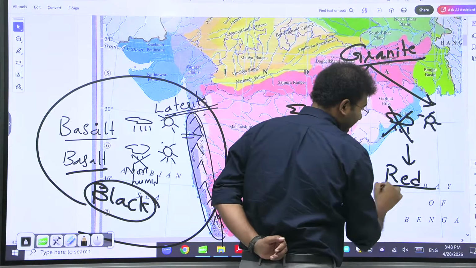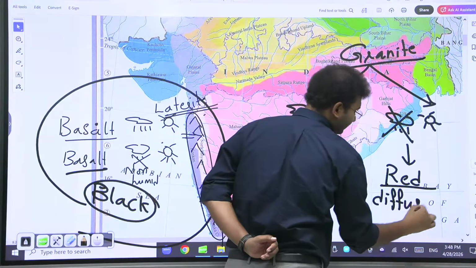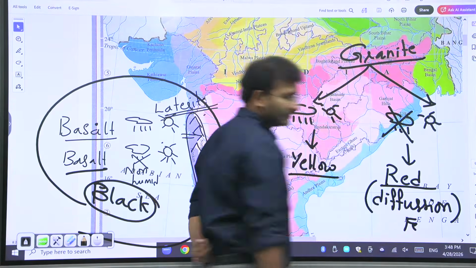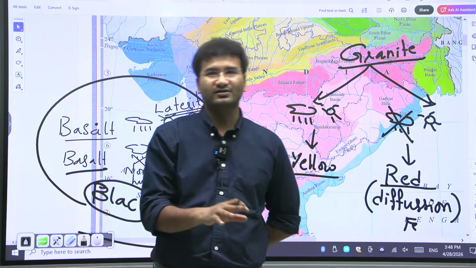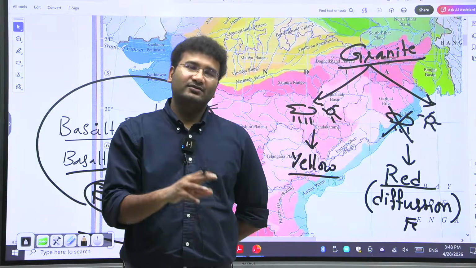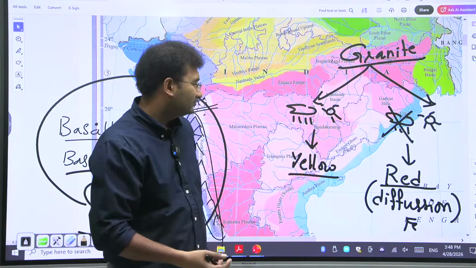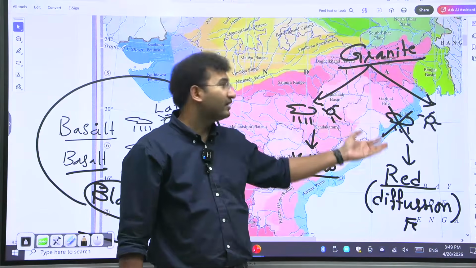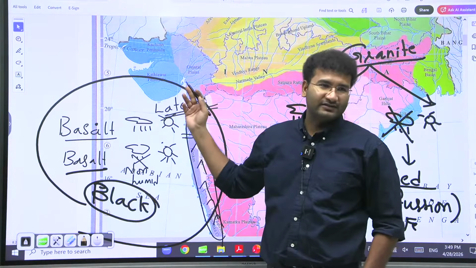The red color of the red soil is primarily because of diffusion of ferrous. Diffusion means what? Basically higher concentration to lower concentration. So if you find that diffusion process, this will turn out to be red soil, right? Same parent material, granite is the parent material. Basalt is the parent material for this.